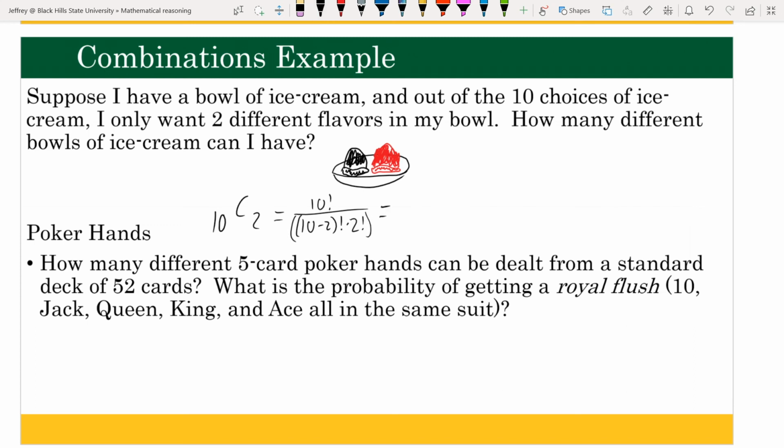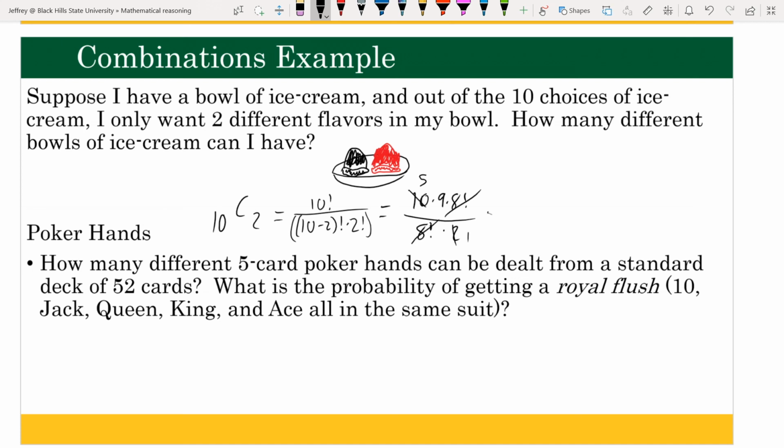Doing this by hand, we end up with 10 times 9 times 8 factorial. And we divide this by 10 minus 2, which is 8 factorial. And then 2 factorial is simply 2. The 8 factorials cancel. I can cancel a 2 out with the 10.